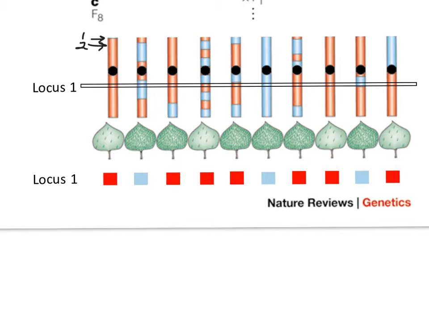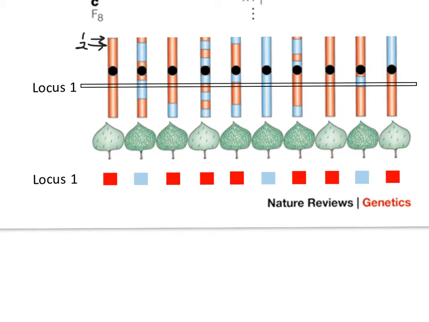So in this case, you could start with genes 1 and 2 and say, well, if this trait of hairiness of leaves is controlled by 2 genes, and both of those genes have to be red, the red allele, to produce a less hairy leaf, then this individual's genotype matches that phenotype.